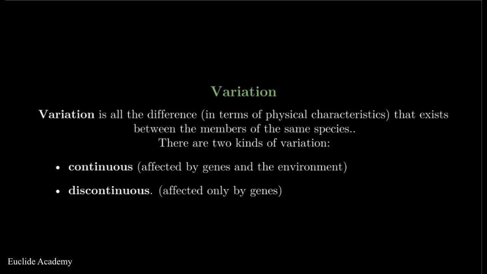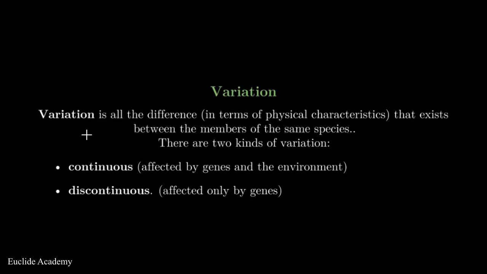The differences in these physical characteristics between members of the same species are what we call variation. It might happen that you have a distant cousin or somebody else in your family who has differences in terms of looks. Maybe they're shorter than you, or taller than you, or they've got blue eyes, or brown eyes.